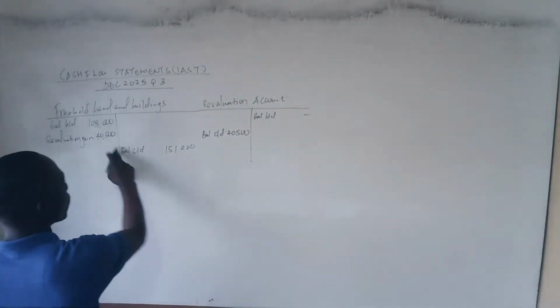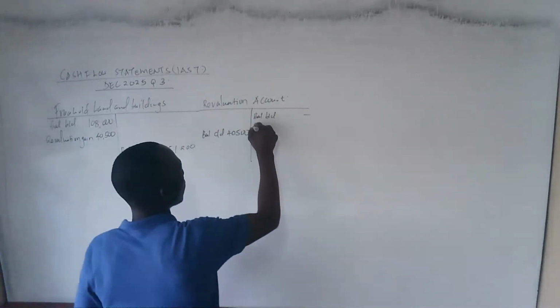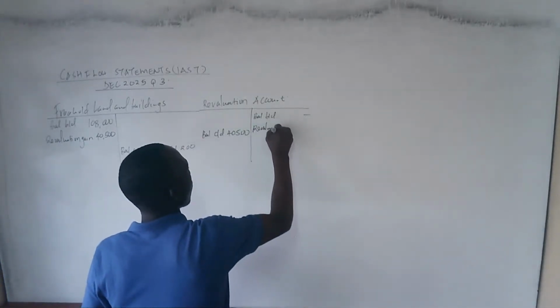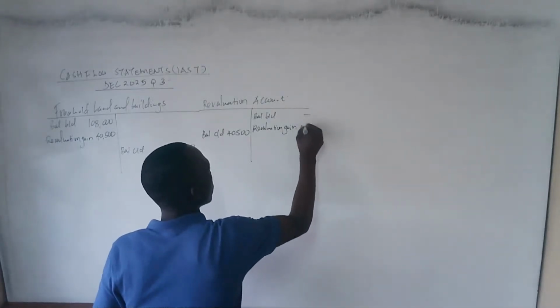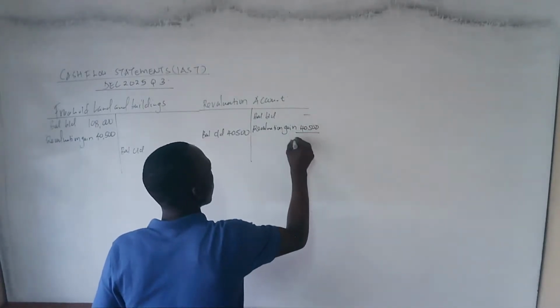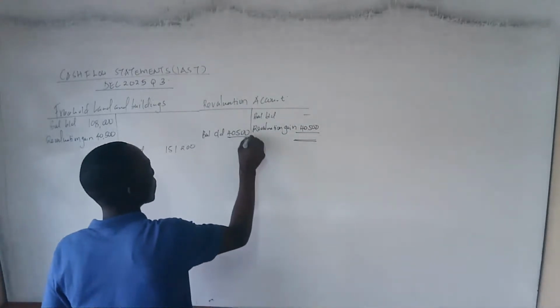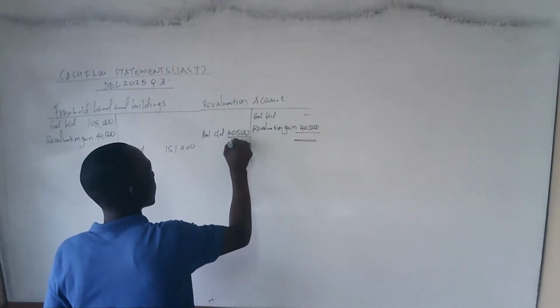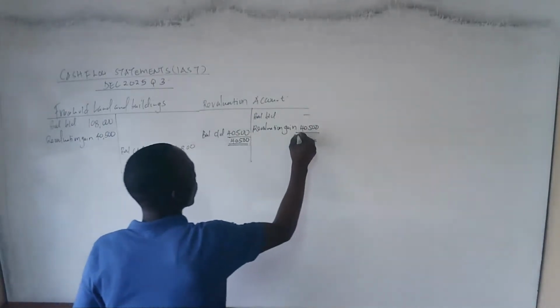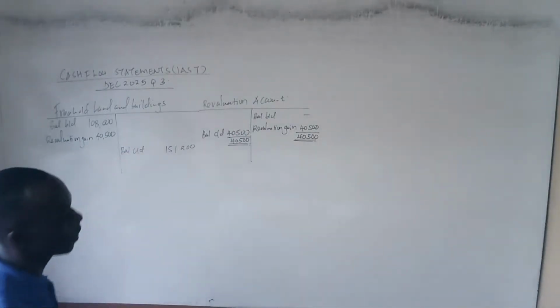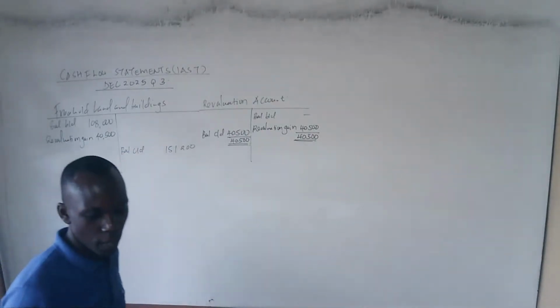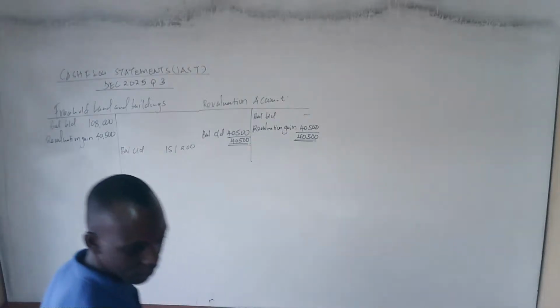Meaning, this revaluation gain, also you bring it here, we have the revaluation gain of 40,500. And if you look at the revaluation account, you will find that there is nothing more for us to explain, because the debit and credit side of this revaluation account has balanced in this case.